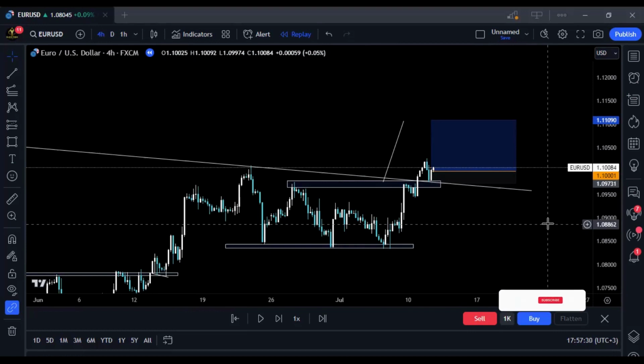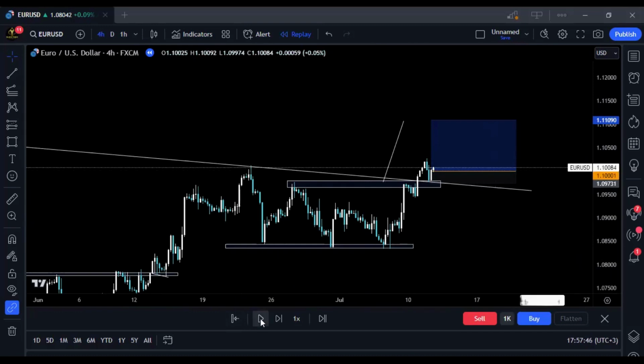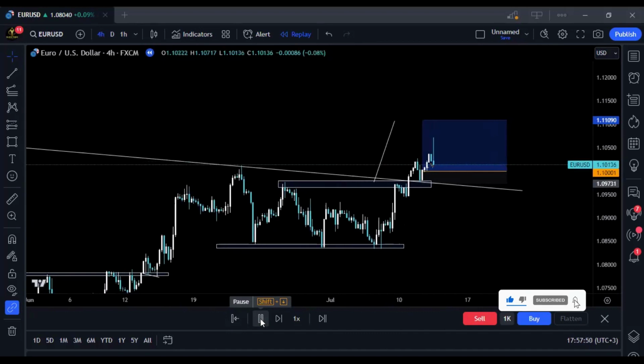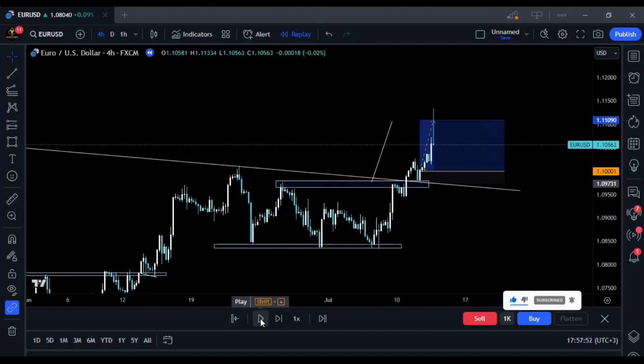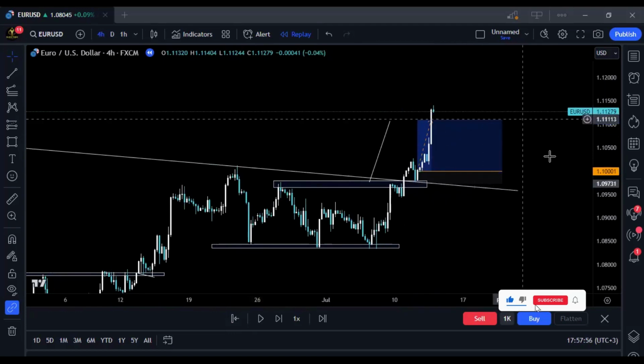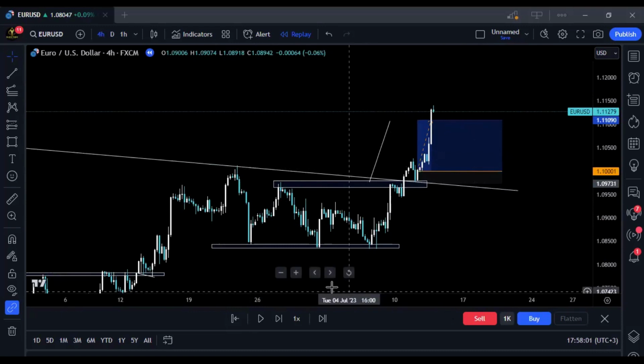We didn't take this trade, so that's something to learn from.